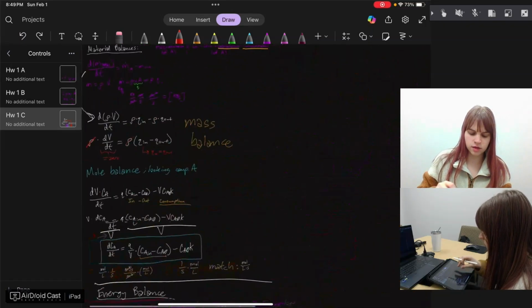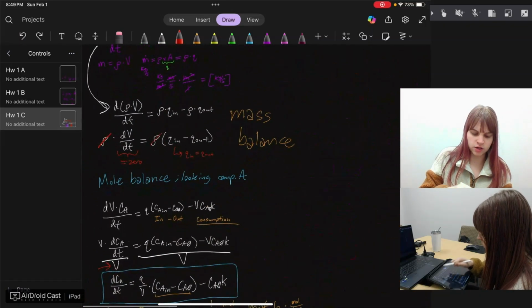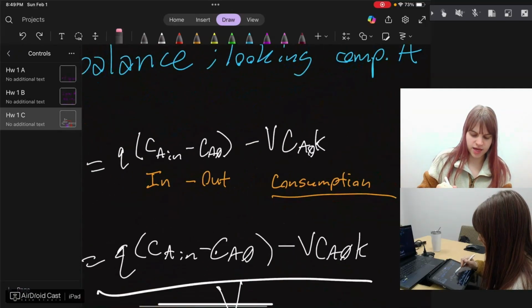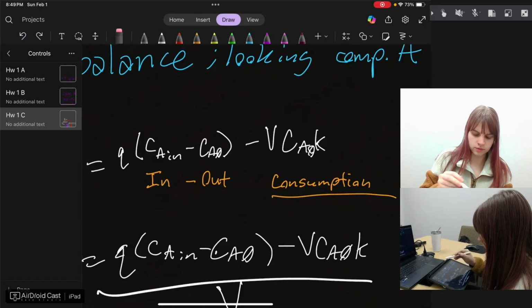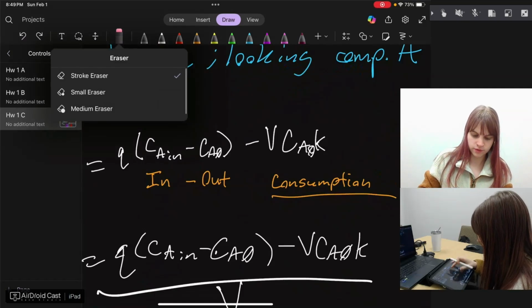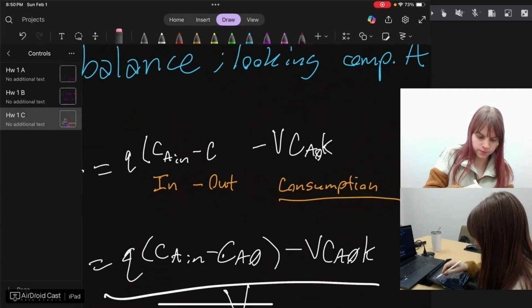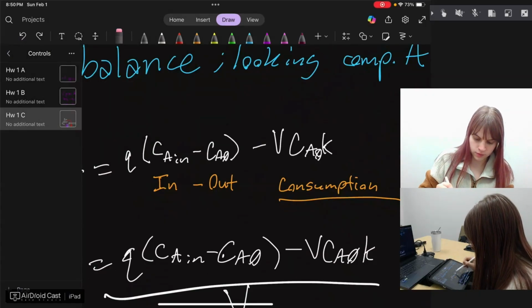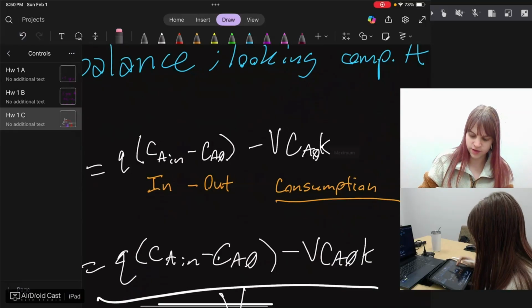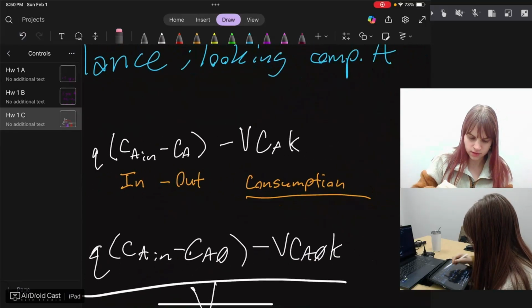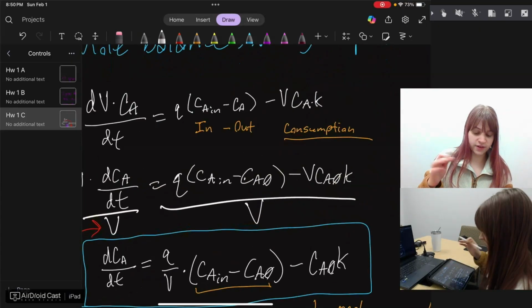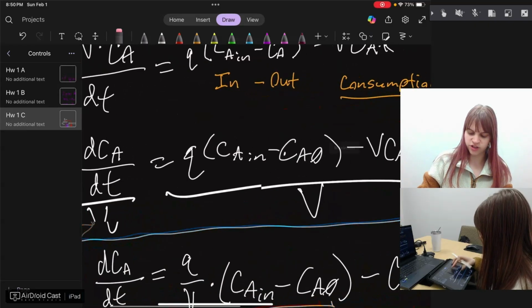We aren't necessarily specifically looking at CA naught, so we just want CA. Now I'm going to fix that really quick, and then I'll come back and highlight over what I changed.